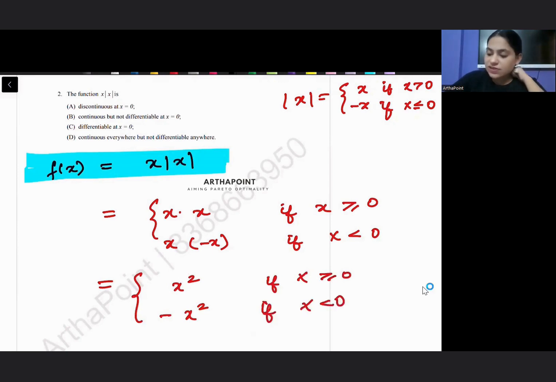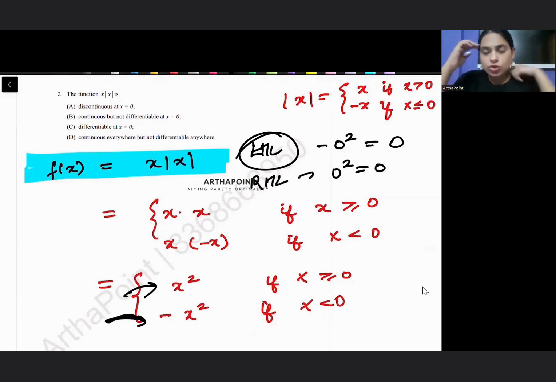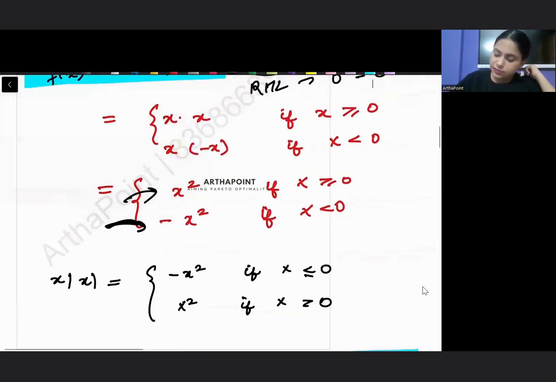Now let's check the left hand limit. So for left hand limit, I'm going to put it in this part. So I will get minus 0 square, that means 0. And if I check the right hand limit, I'm going to put here. So right hand limit will be 0 square, that means 0. So since I'm getting 0 from both sides, that makes sense that it is a continuous function. Now let me go ahead and check the derivative.